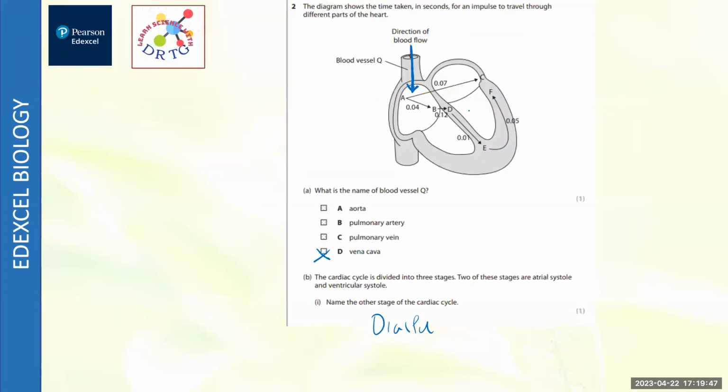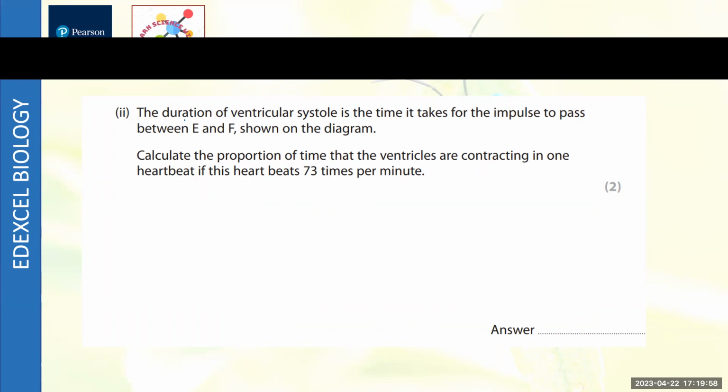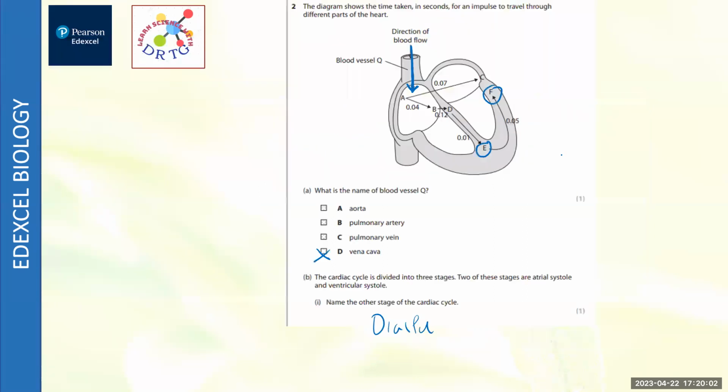Now here, E to F. The duration of ventricular systole is E to F. That means ventricular systole is time E to F. That is 0.05, right?